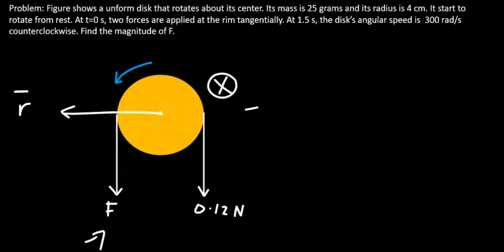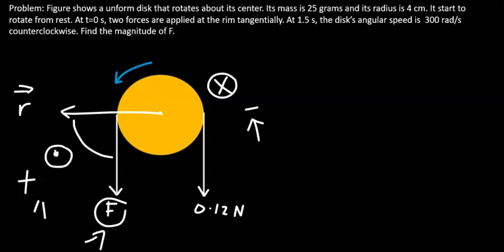Let's call it R. When you curl your right hand fingers from vector R to F, you see that the direction of your thumb is pointing out of the plane. So the direction of torque created by force F is out of the plane, and let's assume that direction is plus. If this is negative, this has got to be plus.